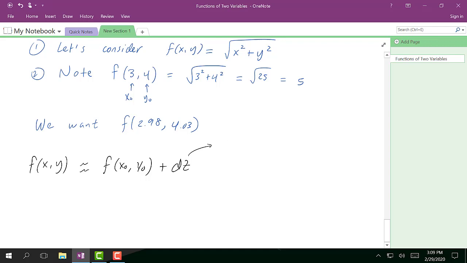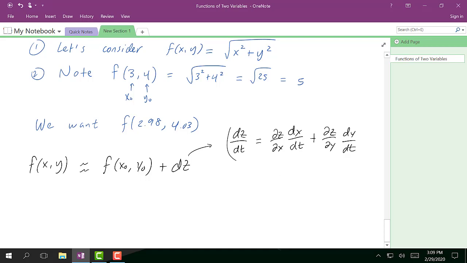So what we had was that dz/dt was equal to the partial derivative of z with respect to x, dx/dt, plus the partial derivative of z with respect to y, dy/dt.